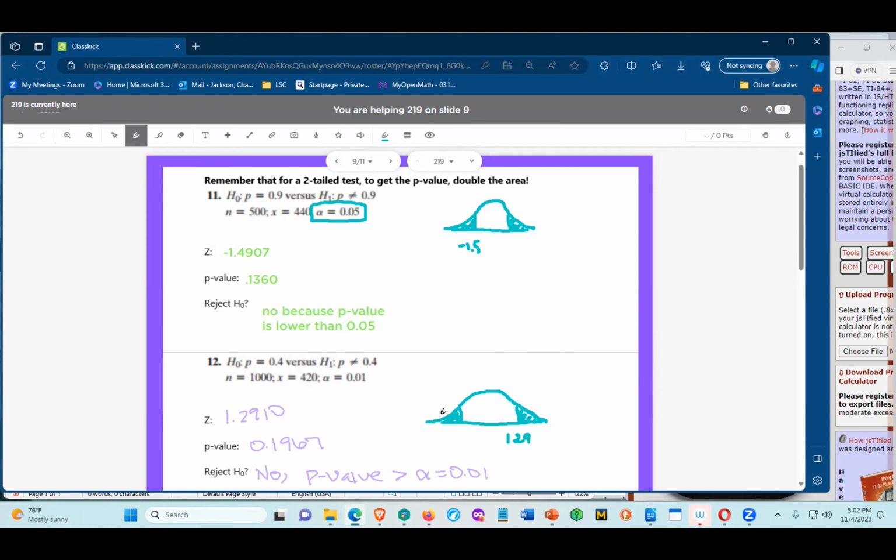Because there was this whole thing about not stats but tech, which is still used a lot of places. I mean, Kozak is progressive about tech. And in a lot of courses, you have to remember that in a two-tailed test, to get the p-value, you have to double the area.